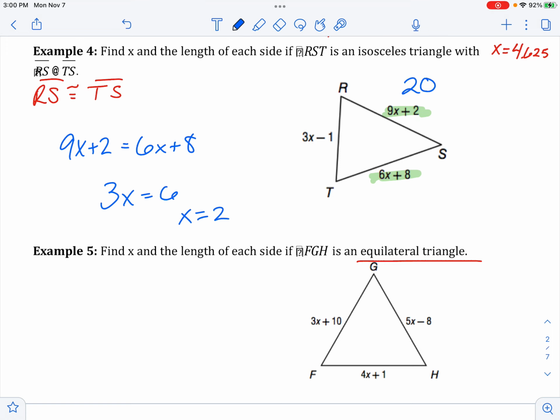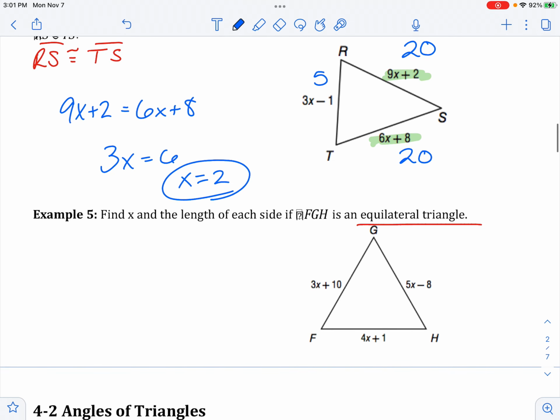So I'd get 20, 20, and 5. Here it's equilateral. It doesn't matter which ones you use. So I'm going to use the ones that are pretty close in size and the ones that have all positive numbers.